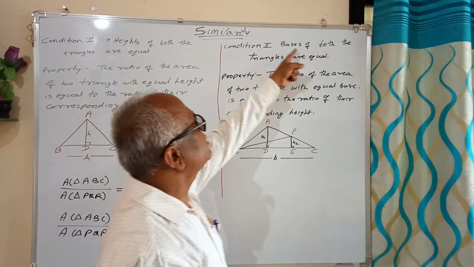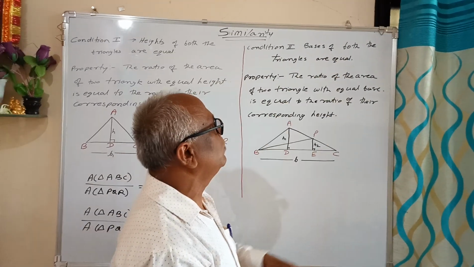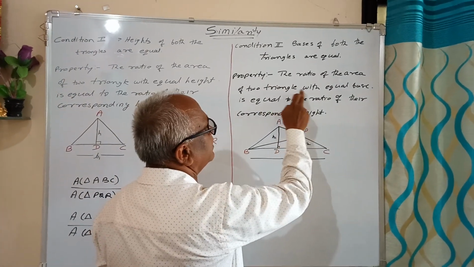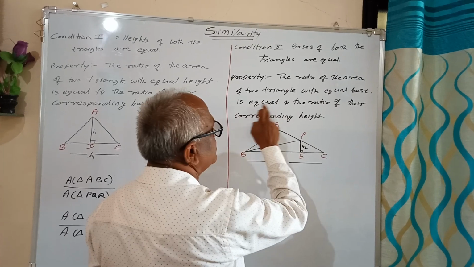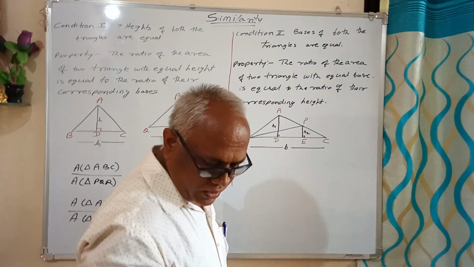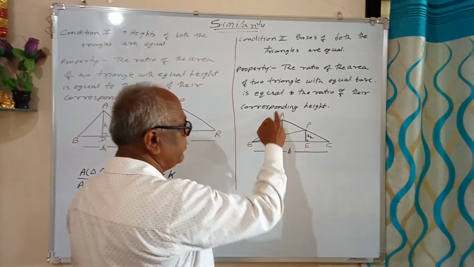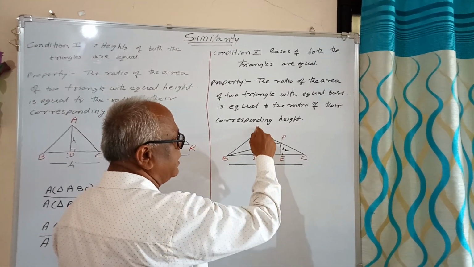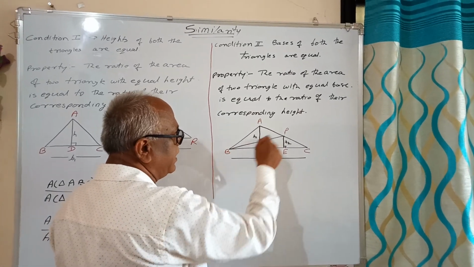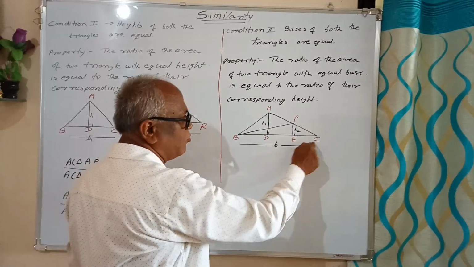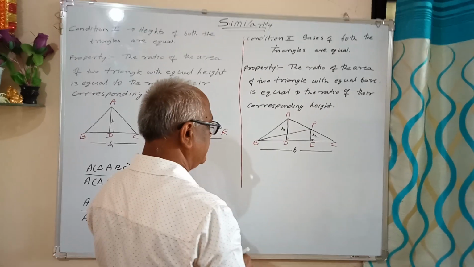Condition 2, the bases of both the triangles are equal. At that time the property is that the ratio of the areas of two triangles with equal base is equal to the ratio of their corresponding heights. Now in triangle ABC, AD is the height, and in triangle PBC, PE is the height. The base is common for both the triangles.